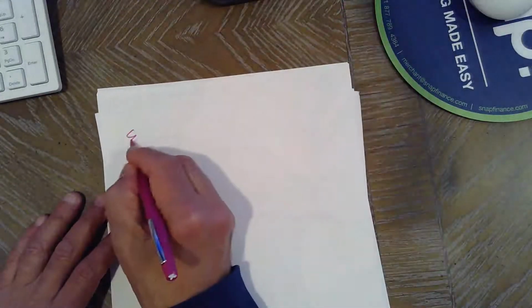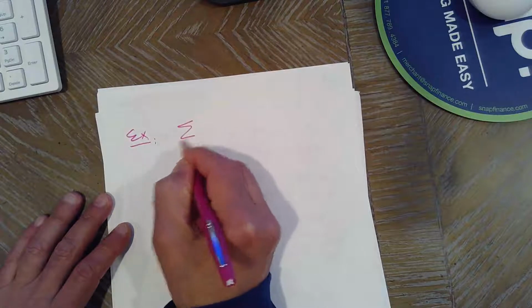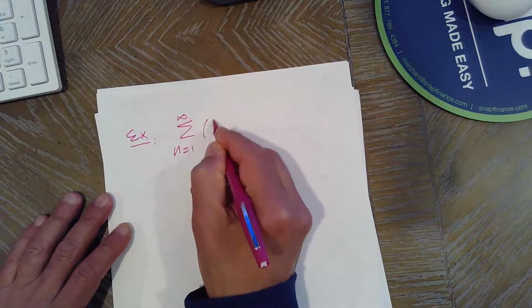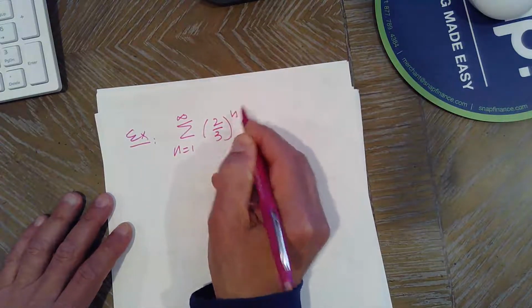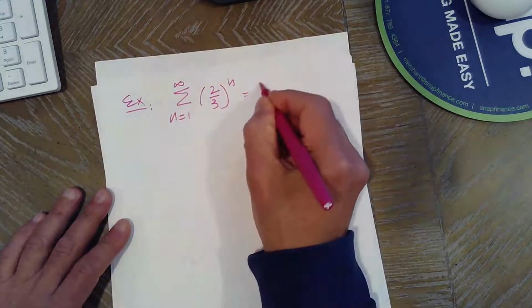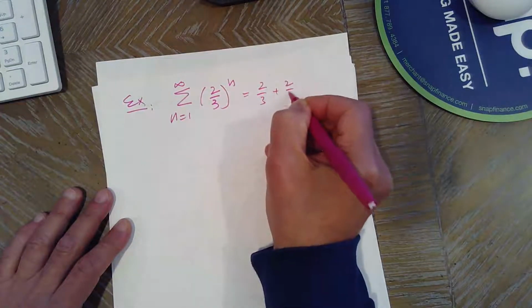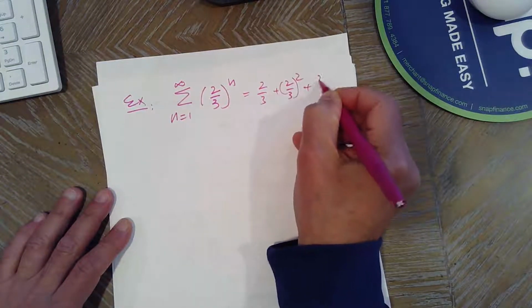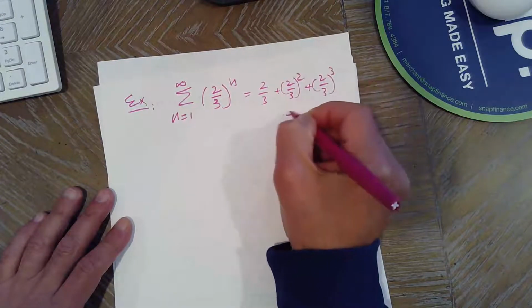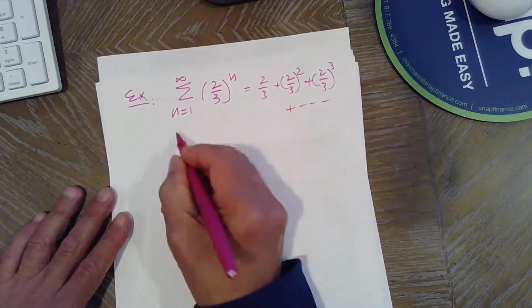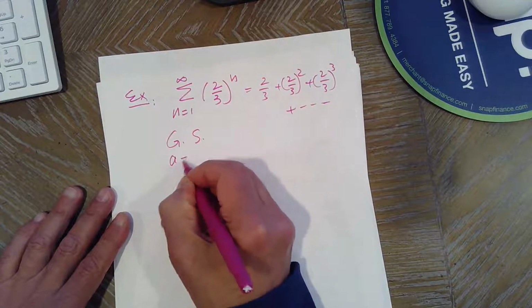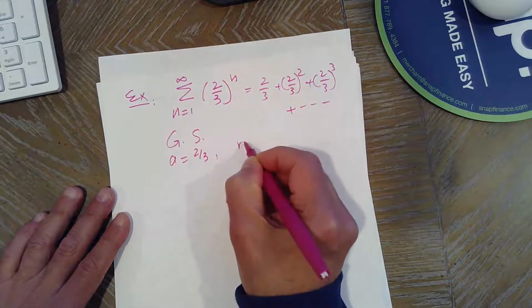Alright, so here's an example about geometric series. n equals 1 to infinity of (2/3)^n. If you write it out, it's 2/3 plus (2/3) squared plus (2/3) cubed, and so on. So it's a geometric series where the first term is 2/3 and the common ratio is 2/3.